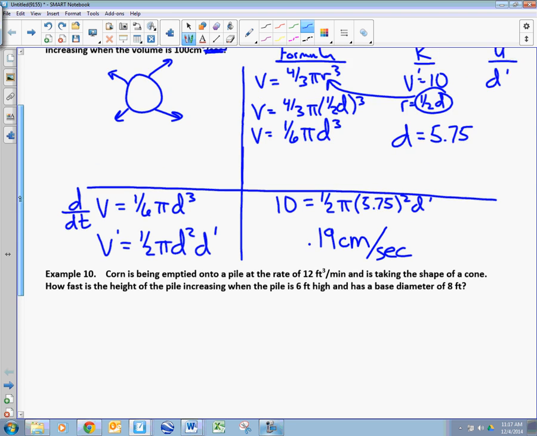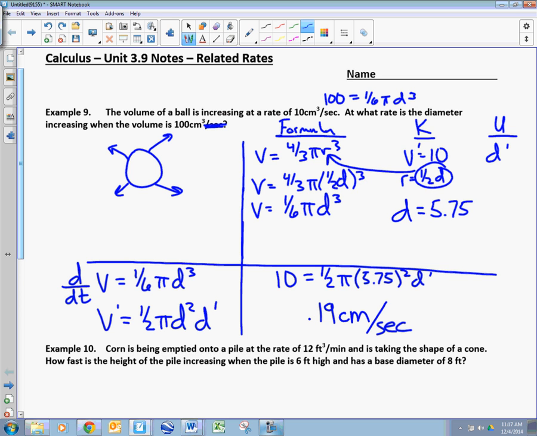Okay, back to Megan's question. Megan, you're wondering how we got 5.75? You see how we get this equation right here. I wrote a formula that said volume is equal to 1/6 pi d cubed. I got that because I substituted the r is equal to 1/2 d in for r. That gave me this equation right here. So it says, at what rate is the diameter increasing when the volume is 100?